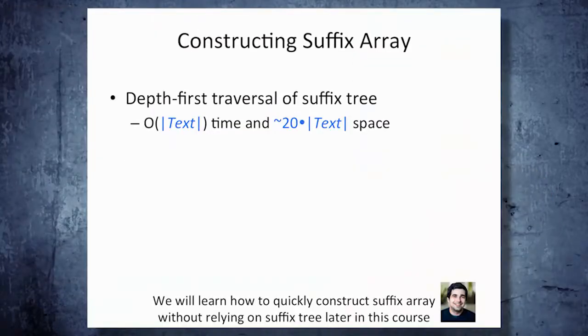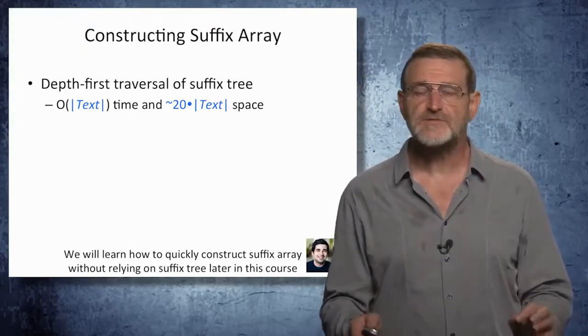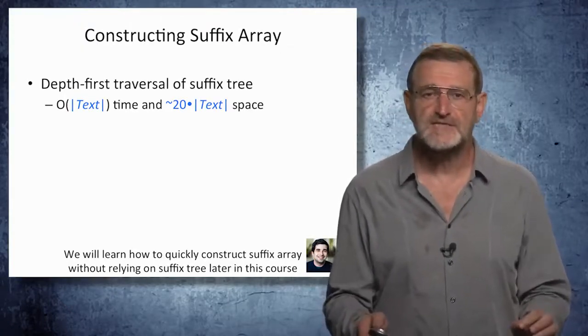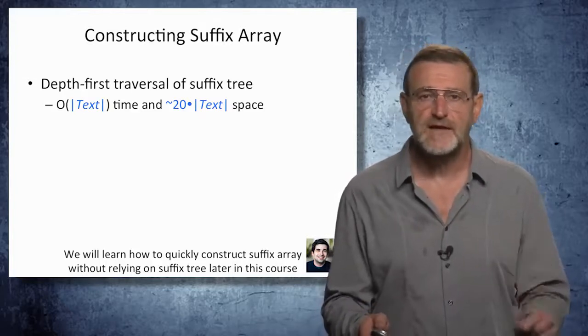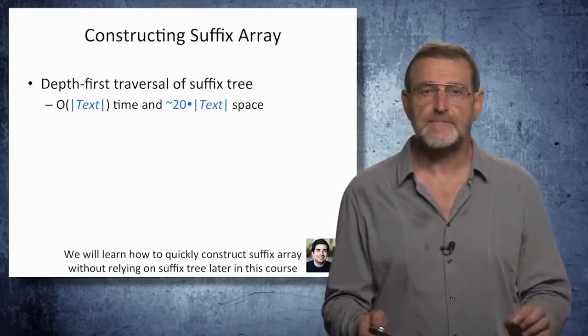To summarize, if we construct the suffix array by the depth-first traversal of the suffix tree, then it takes O of text time and roughly 20 times text space. Misha will also explain later how to quickly construct a suffix array without relying on the suffix tree.